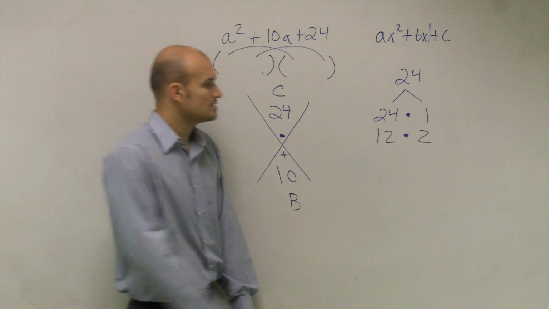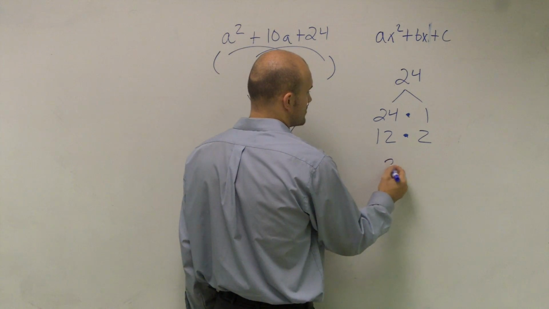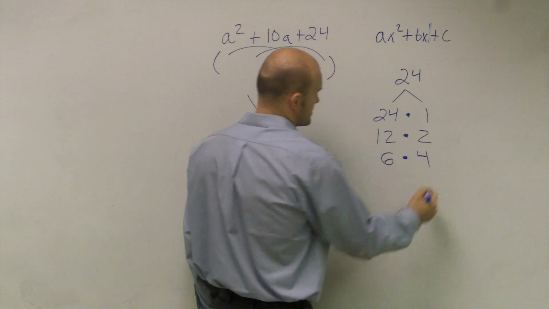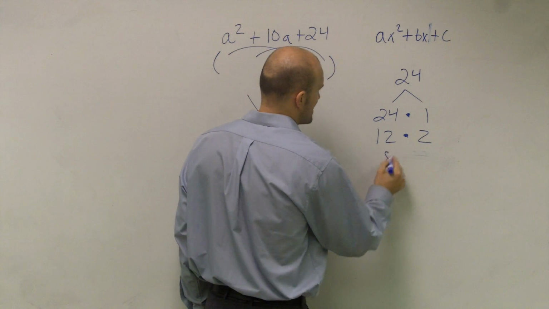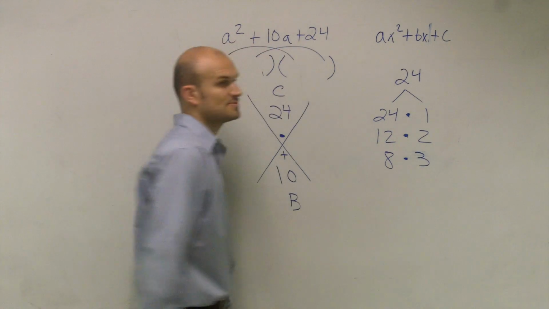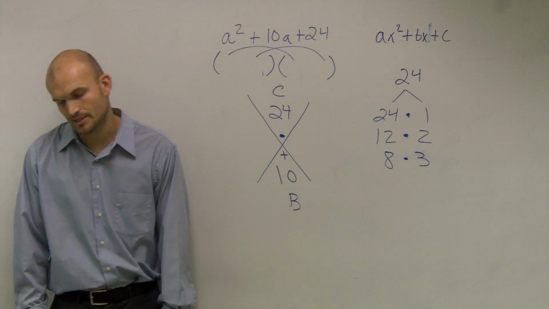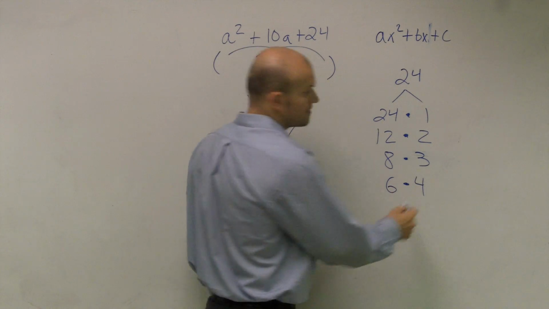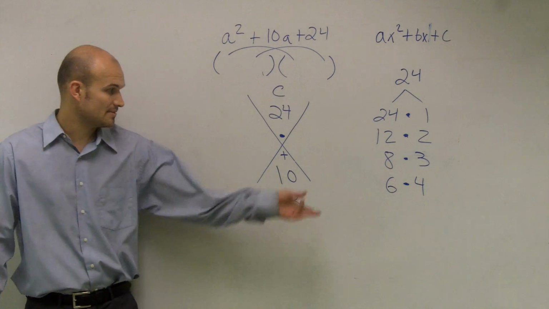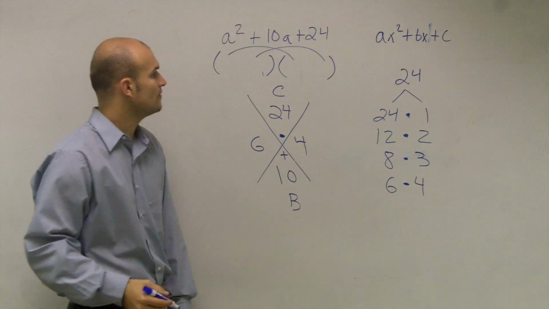Then, let's do it in order, 8 times 3 also gives me 24. But 8 plus 3, does that give me 10? No. 6 times 4 multiplies to 24. Does that give me 10? Yes. So it's a positive 6 times a positive 4.